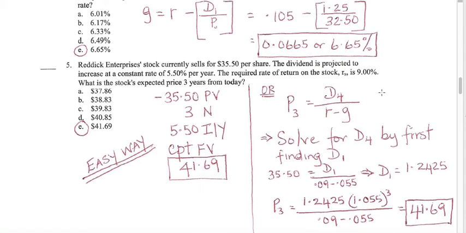Or you can use this formula recognizing that if you want the stock price in year 3, it's your dividend in year 4 over R minus G. And take note of this class.